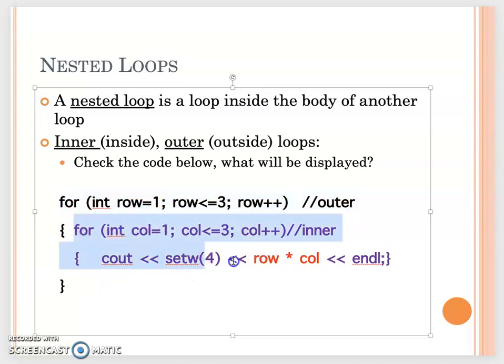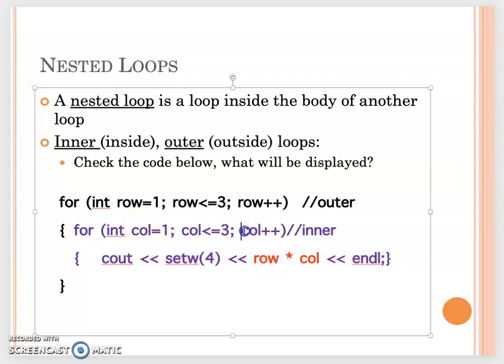Then in the inner loop, after I finish one time, I don't go back yet. I need to finish the inner for loop. For column equal to 1, I execute this code block. So after I finish one time, I need to go back because I finished this code block of the for loop.